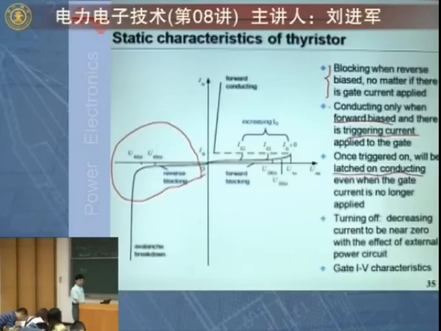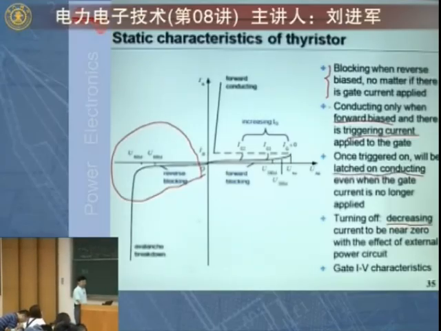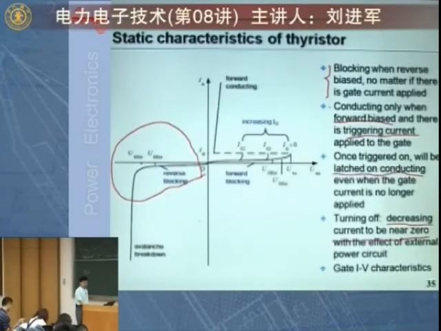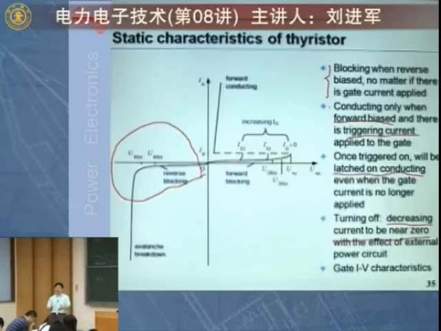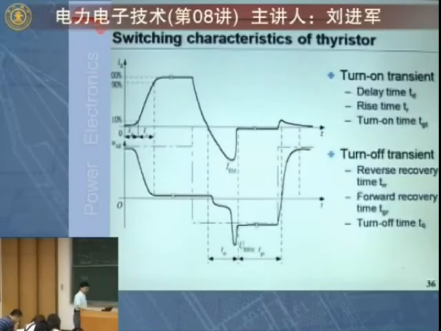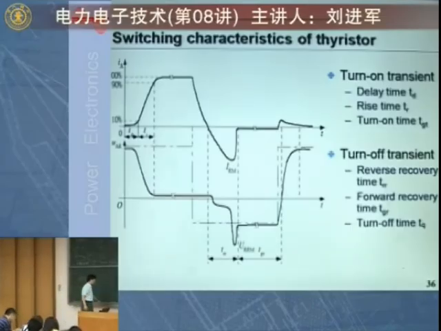That's called latched. How do we turn it off? As we already discussed, the only measure that we can turn it off is to decrease the current to nearly 0 with the effect of the external circuit. Through the external circuit, you decrease that current to 0, then the thyristor turns off. So, very simple static characteristics.